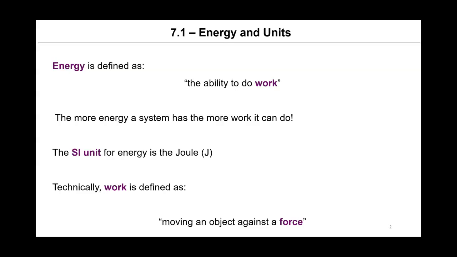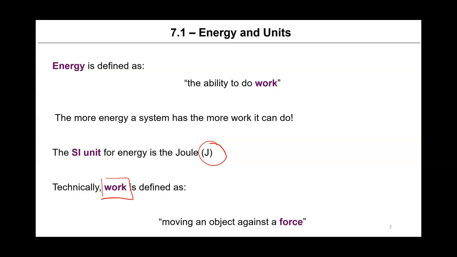The SI unit for energy is the joule, and we give the joule the abbreviation uppercase J because it's named after a person. It can be useful to define what we mean by work to help us understand a little better about what we mean by energy's ability to do work.